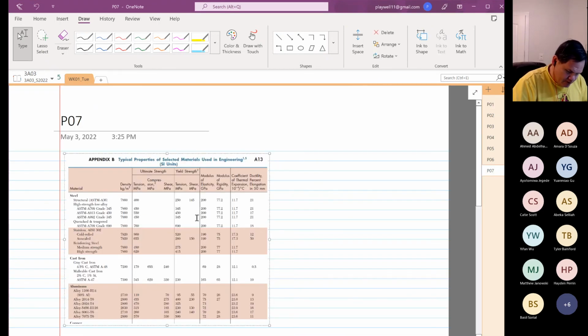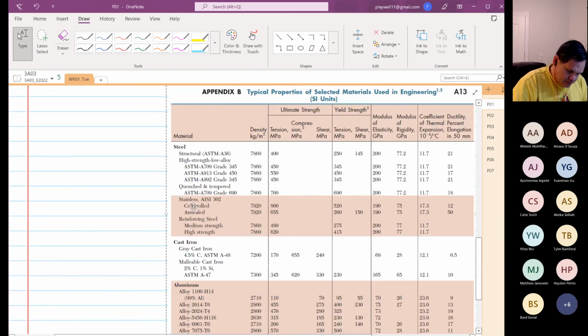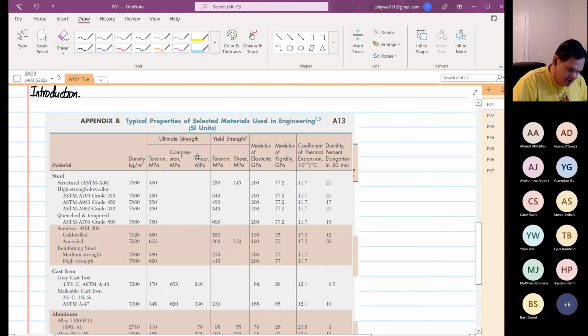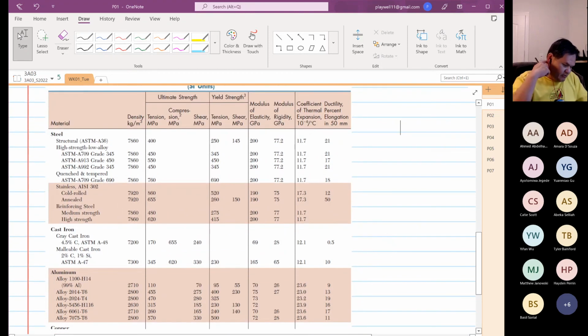Yes, let's look at this table. This is a table from a materials handbook regarding both mechanical and physical properties of materials. What do I mean by that?